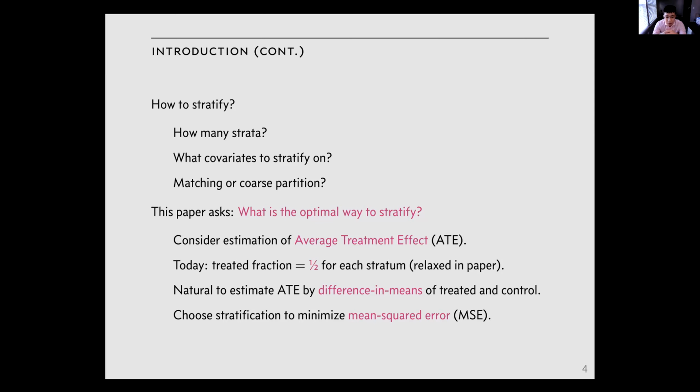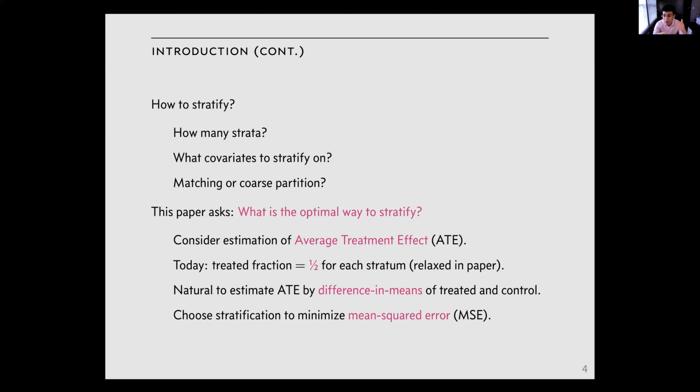So the first thing I'm going to assume is that we're interested in the estimation of the average treatment effect, or the ATE. This is the expected difference between the potential outcome if you're treated and the potential outcome if you're not treated. This is a parameter that I just keep fixed. And for today, I'm going to make an additional assumption, which is that within each stratum, not only across the whole sample, but also within each stratum, you assign half of the stratum to treatment.